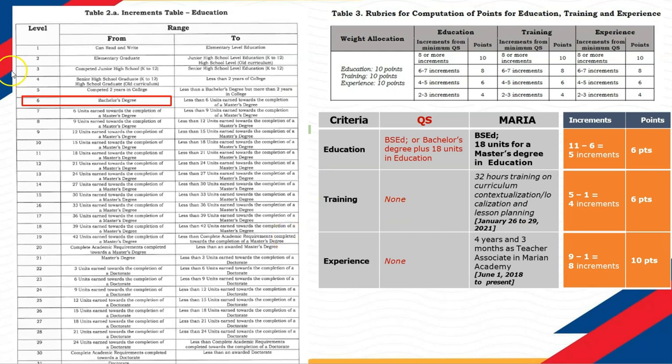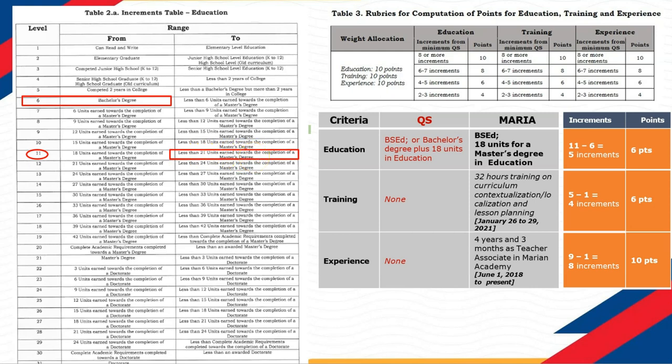The baseline level in the increments table for education is bachelor's degree, which is level 6. Maria, since she has 18 units for master's degree, looking at the increments table, that would be level 11. In the table, it would refer to less than 21 units earned towards the completion of a master's degree.